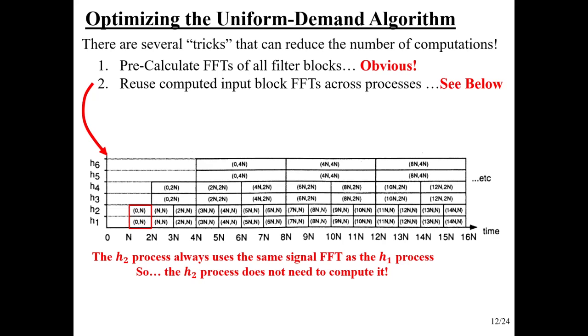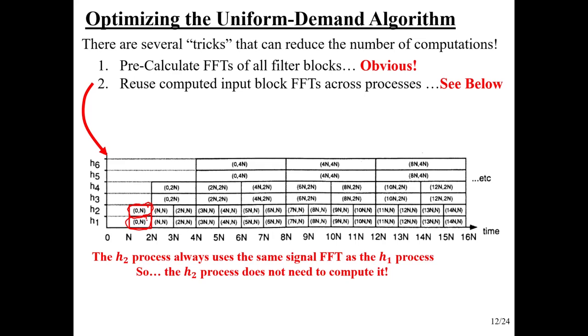Old data in this case would be n zeros. So the signal FFT needed here and the signal FFT needed there are exactly the same. So don't recompute, right? You do it for this one, which is the most crucial. And then remember, this has an early deadline, artificially early deadline, but that's okay.